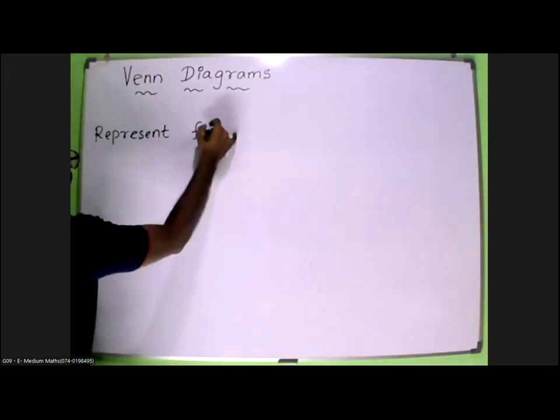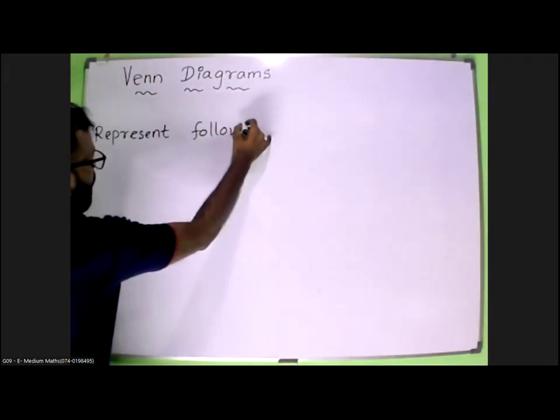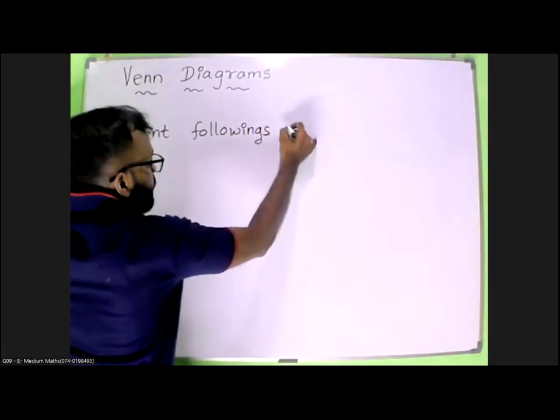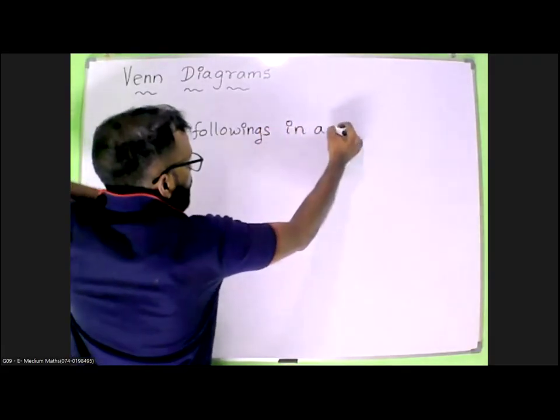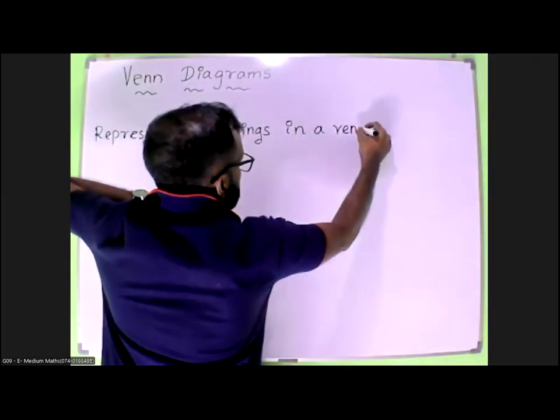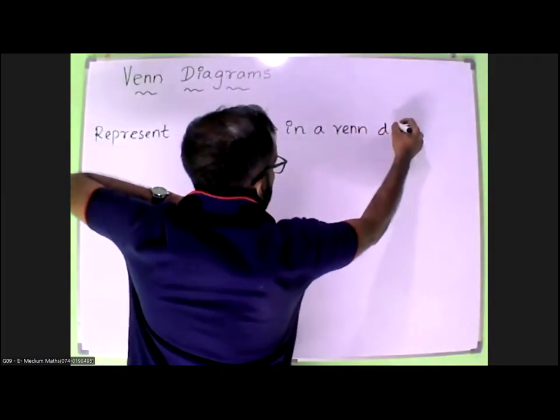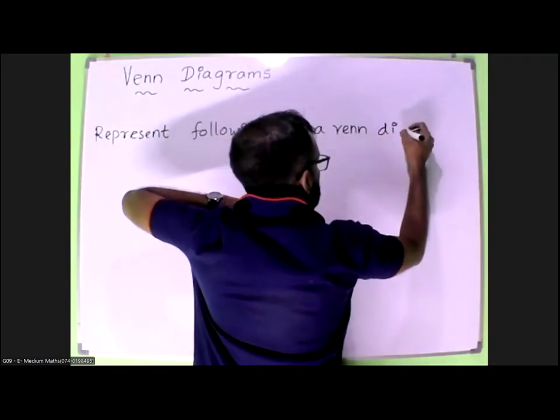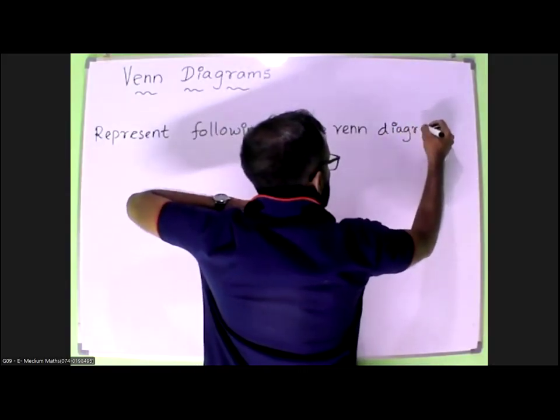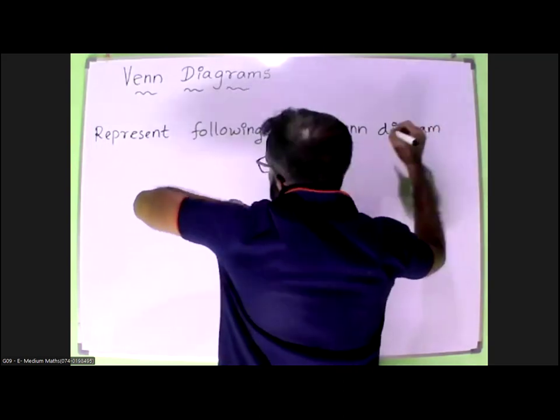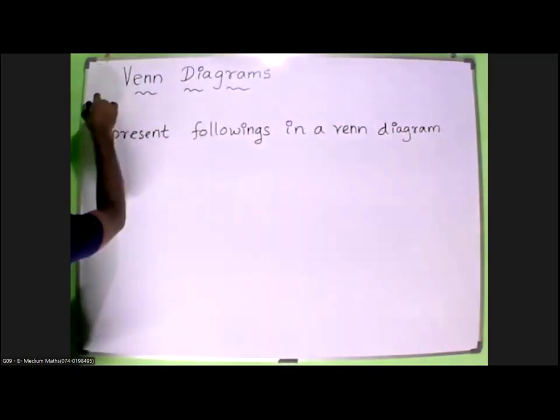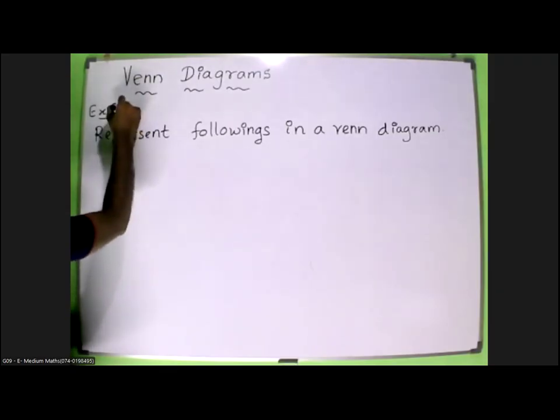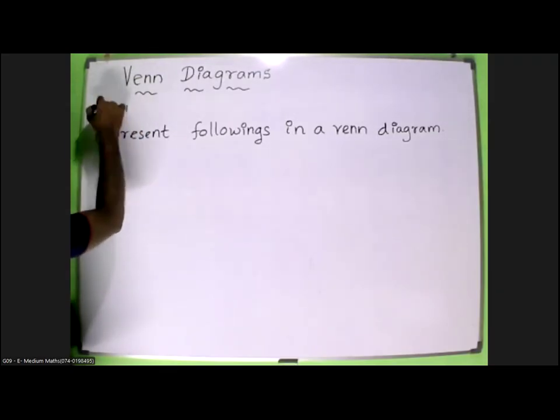Represent the following in a Venn diagram. This is example number 1. These things are very easy.